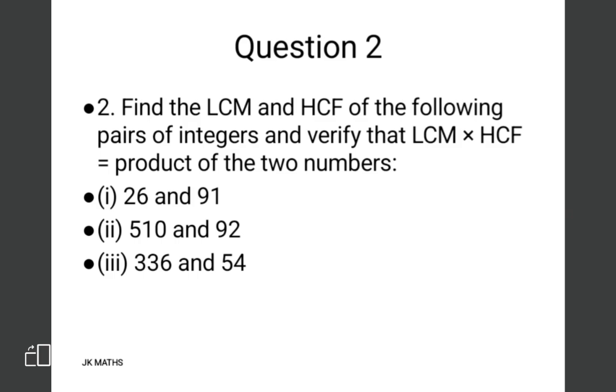Now let's see the second sum, 510. So let's take the prime factorization of 510. It is a time taking task, so you should practice for more speed. So what is the prime factorization of 510? Let's see.